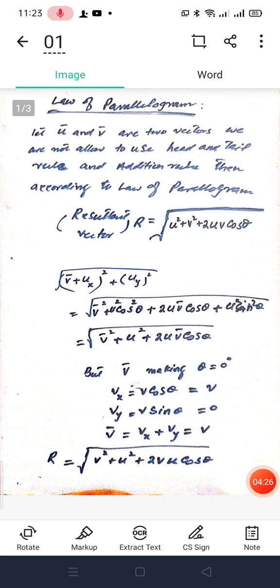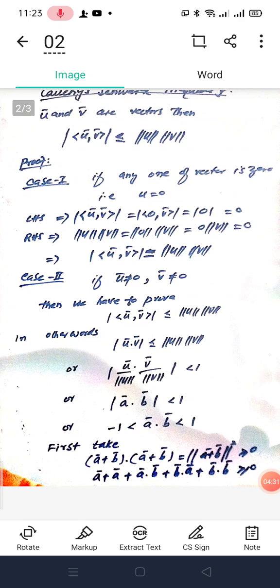Now what are the ux vector and uy vector? ux vector is equal to u cos theta, and uy vector is equal to u sin theta.